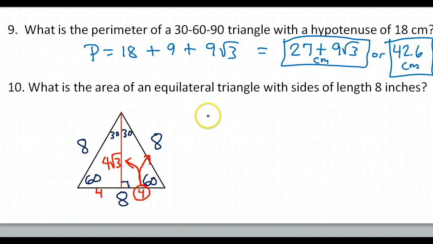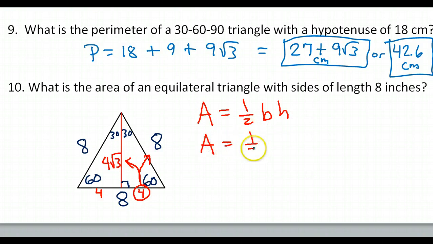Now we can find the area of the triangle. So the formula for the area of a triangle is 1/2 base times height. So that's going to be 1/2. The base of the triangle is 8. And the height is 4 radical 3. Okay?